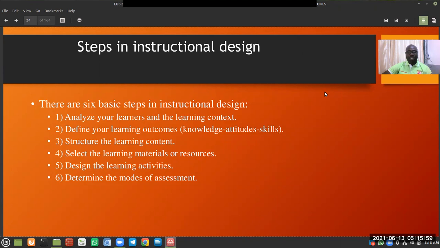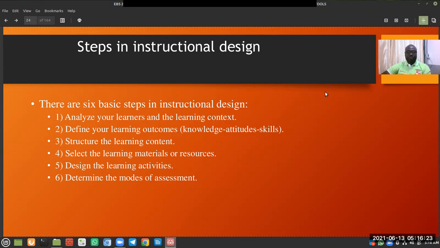It is for this reason that we need to analyze our learners. Coupled with this is the fact that not every group of learners are the same. So we cannot have one size fits all kind of design for every lesson.